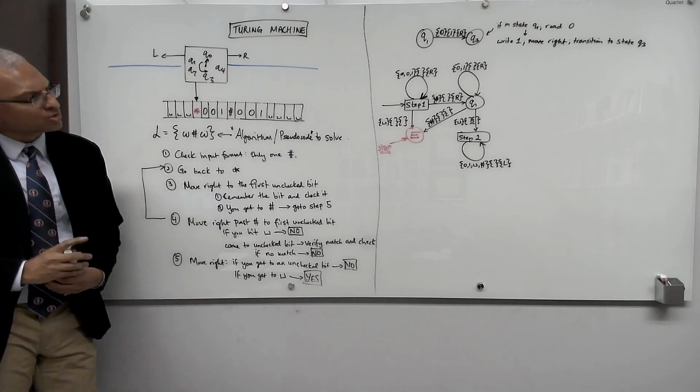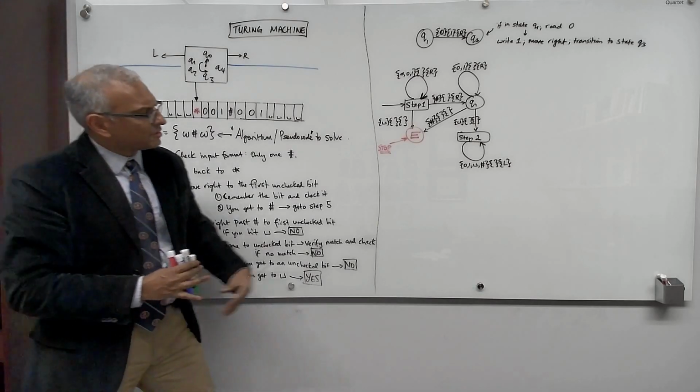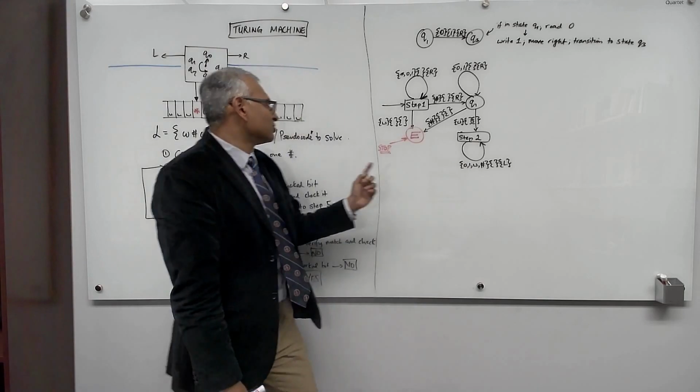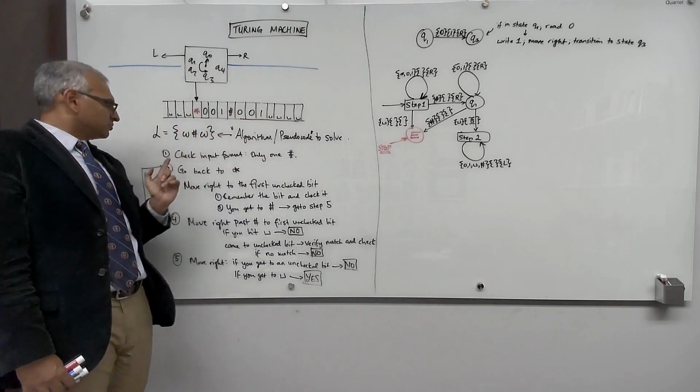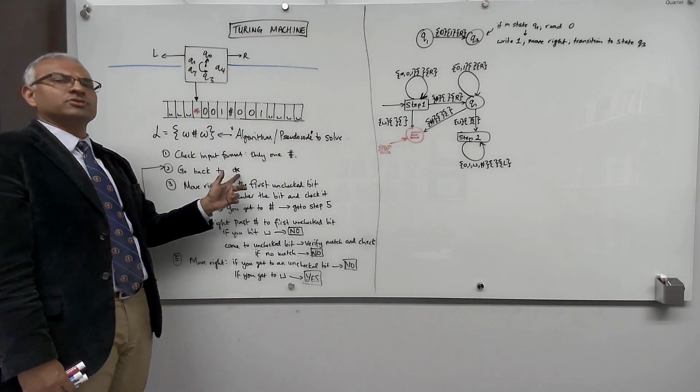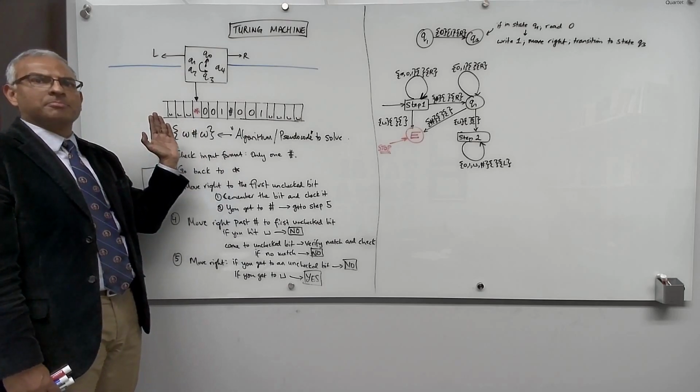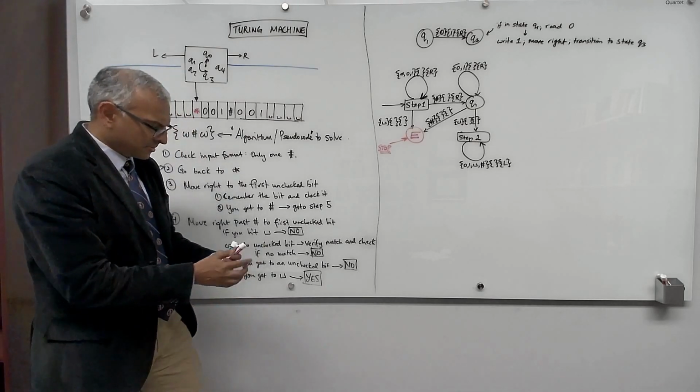You just move left. The only thing that needs to alert you is if you come to star, it means that you've gone back to star. You don't need to move, you don't need to write, you just stop.